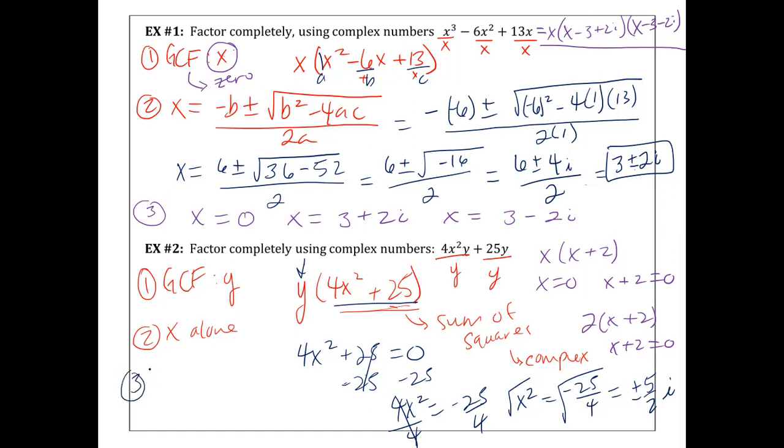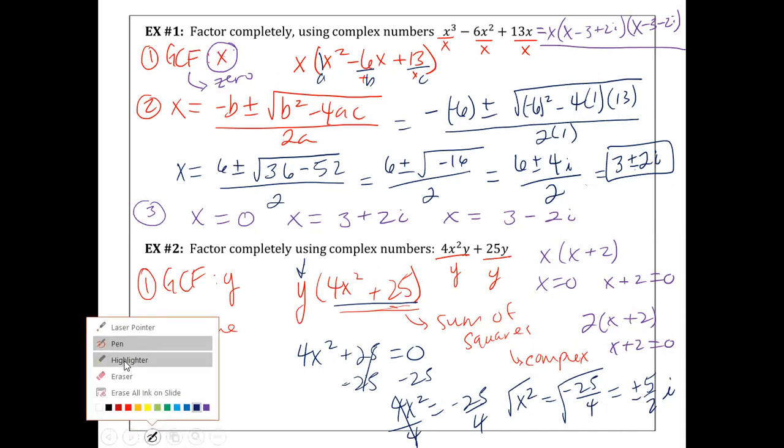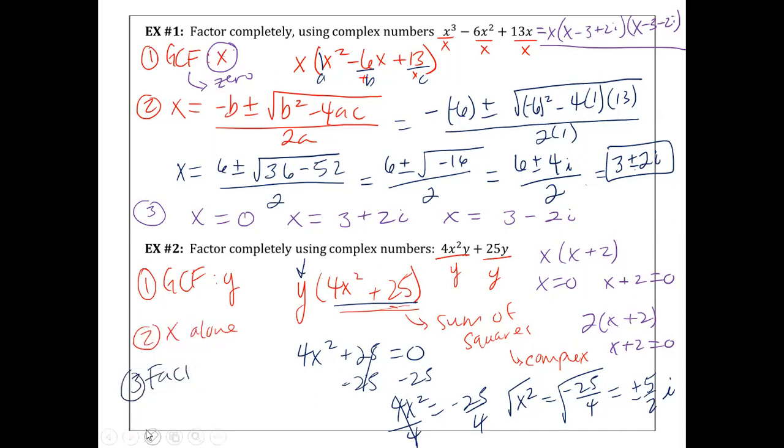And then the third thing is to write it in factored form. So what was our first factor that we found? Our first factor was y, our GCF.